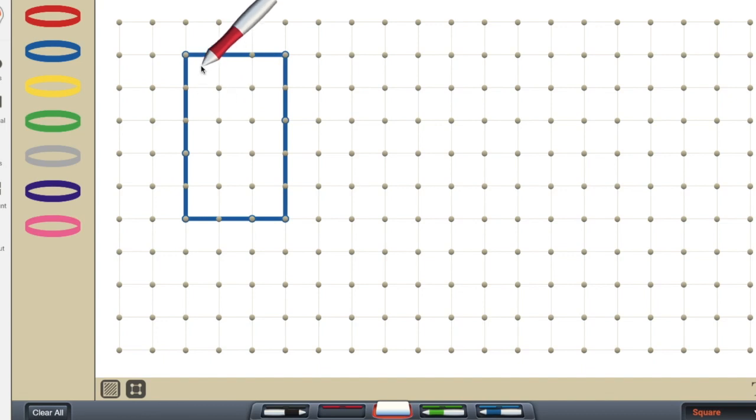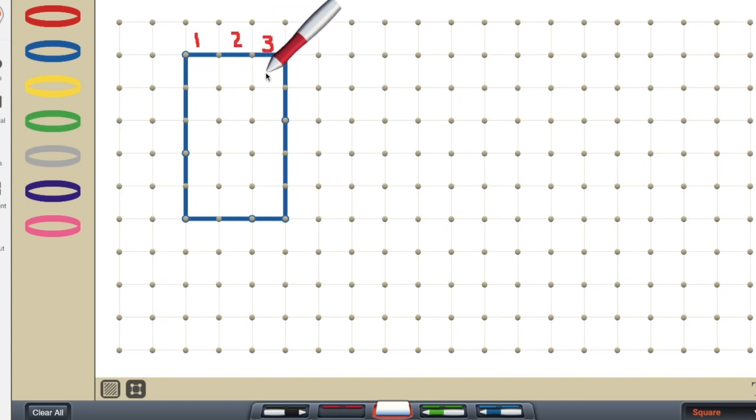Okay, so we have a square here and a square here and a square here. So we have 3 squares in that row, right? Or if we're looking at perimeter, we'd say that there were 3 units across. 1, 2, and 3. So there are 3 units here, or 3 squares in that row. How many rows do we have?